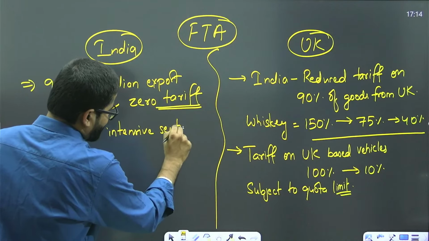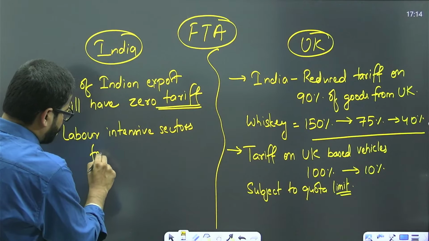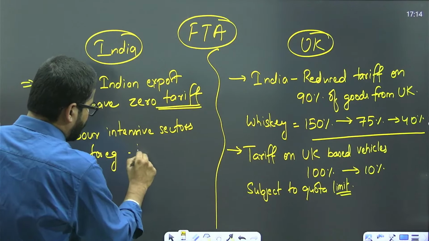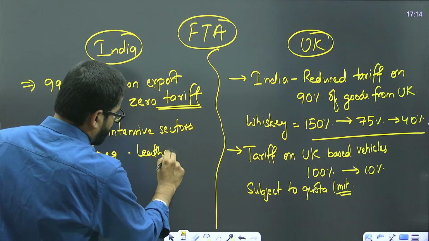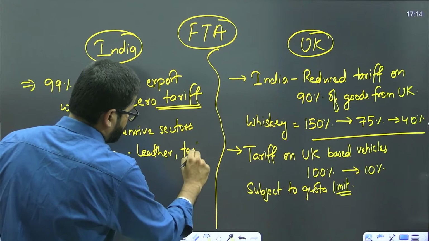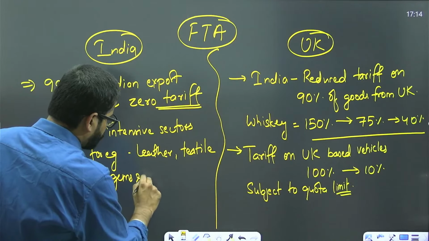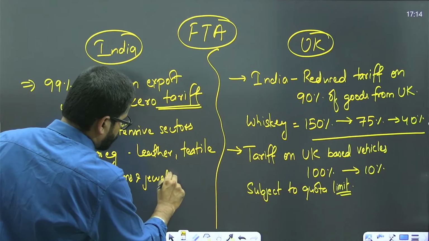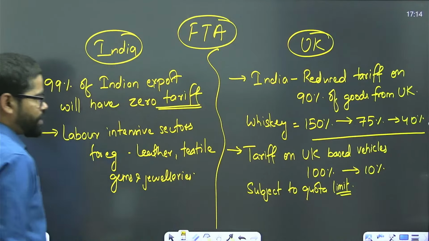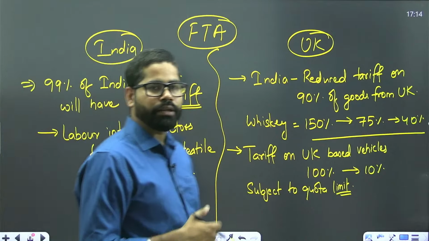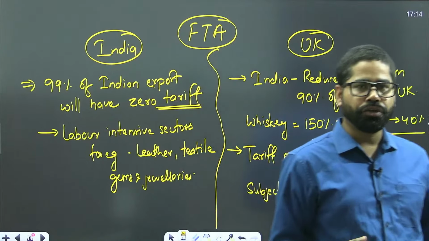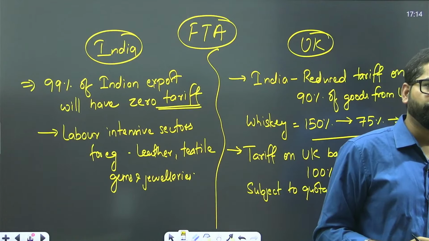Labor intensive sectors, for example, leather, textile, gems and jewelries. These are things which are going to get zero duty in case of export to the UK.